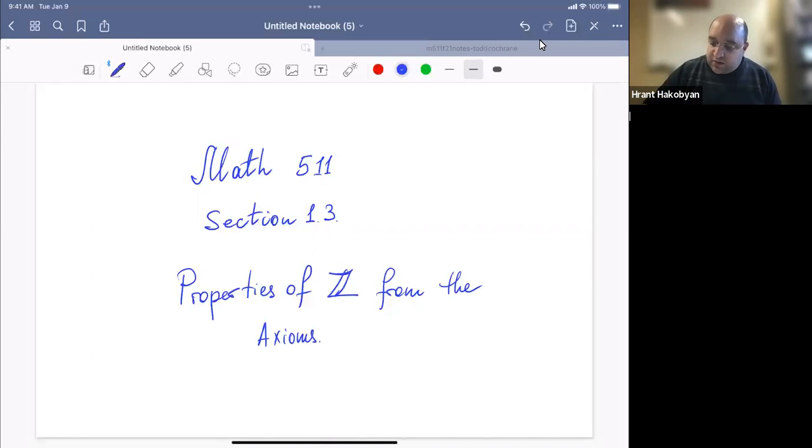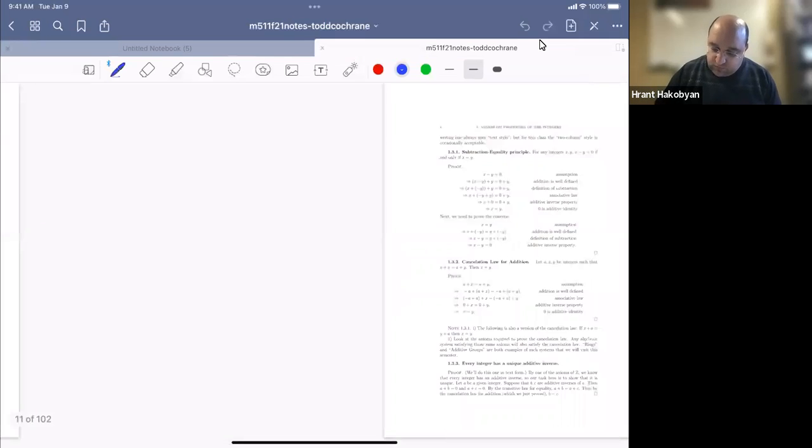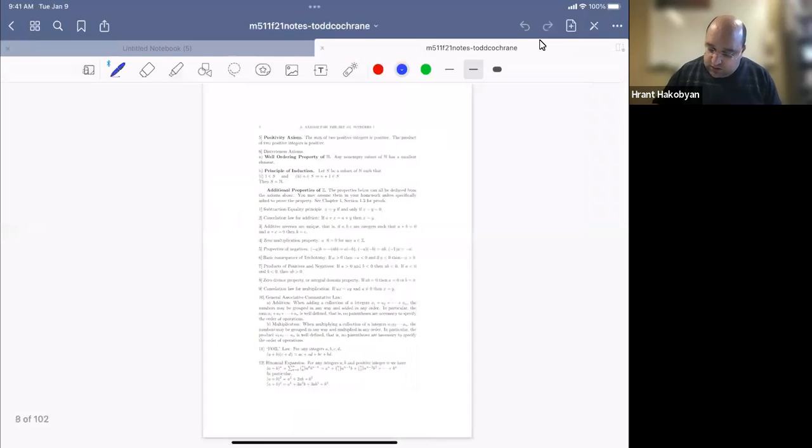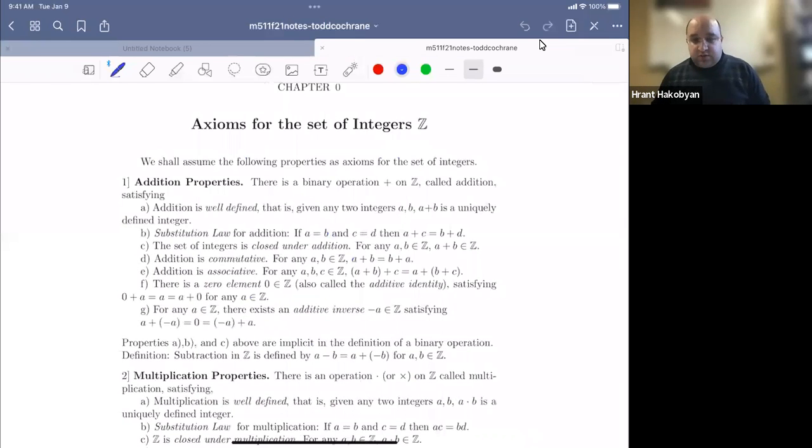So just to remind you, in chapter 0, and in our first class, we talked about some of the properties of the integers, including the properties of addition.